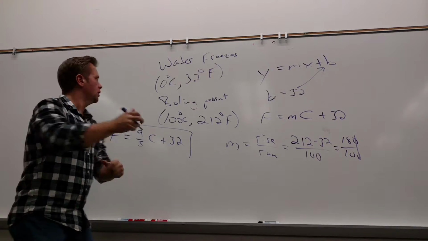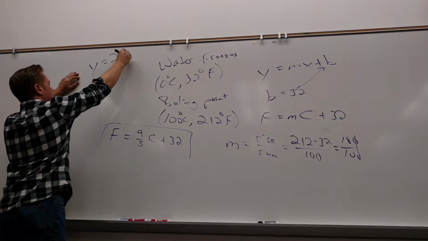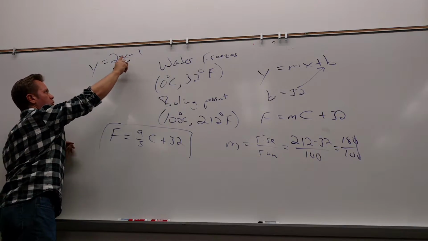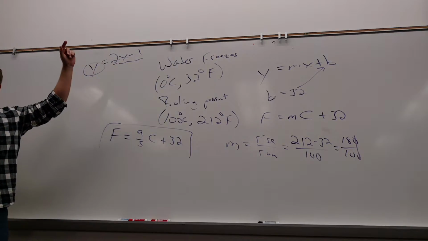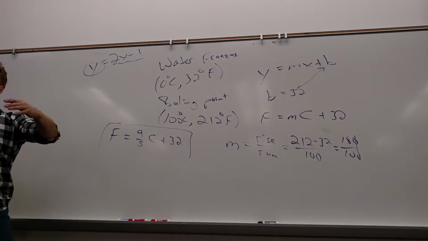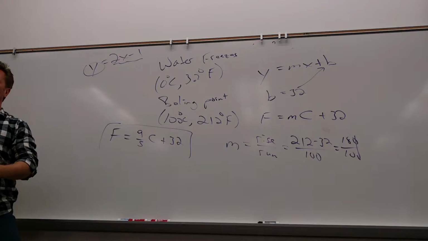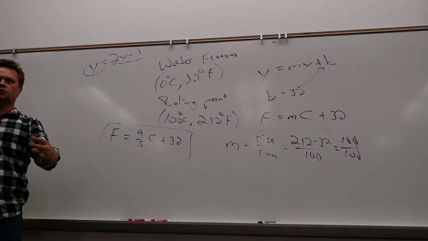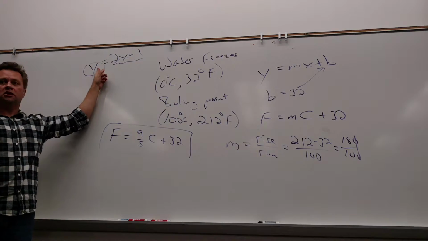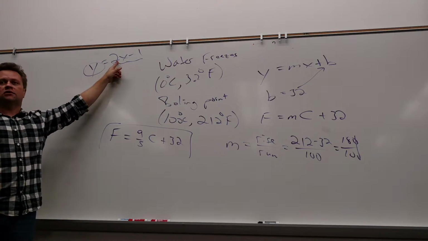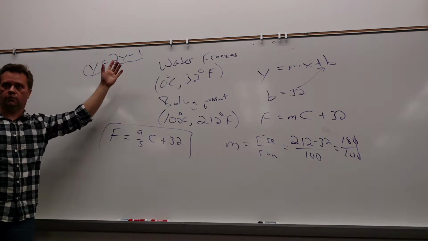What I'm trying to do is a conversion: if I know what x is, I can convert it to y by doing this to it. So the equation of a line is a conversion equation. You're converting from what x represents to what y represents. So if x was the number of hours you work, and y is the amount of money you make, your job sucks. You're making $2 an hour, but oh well.